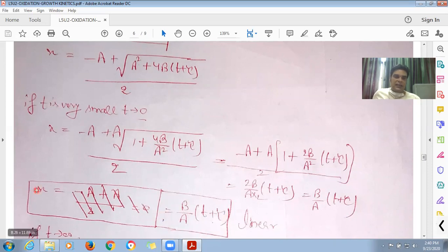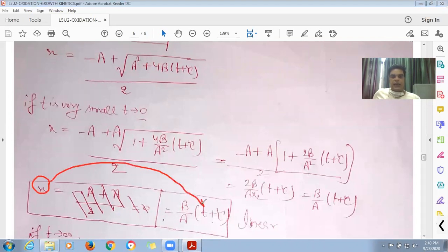As you can see, the thickness of oxide layer varies linearly with time when we are oxidizing silicon for a very small amount of time. So initially, you will have a linear curve. The thickness of oxide layer will increase linearly with time.